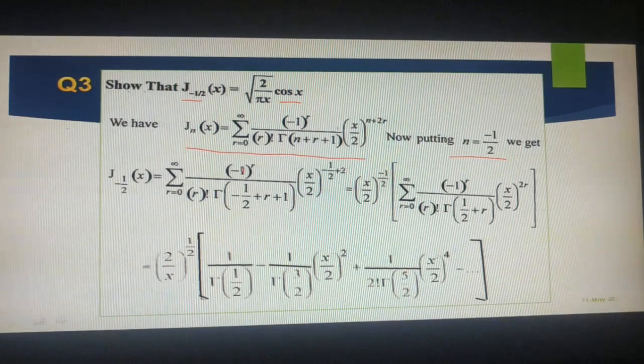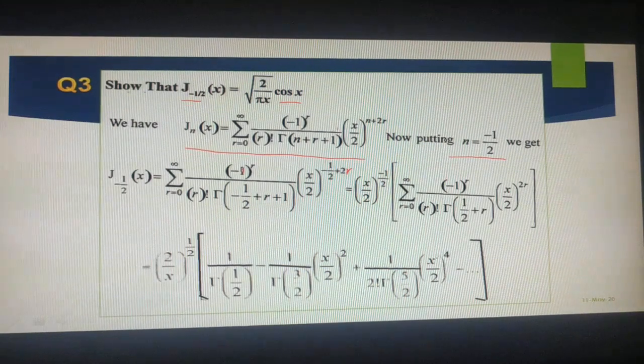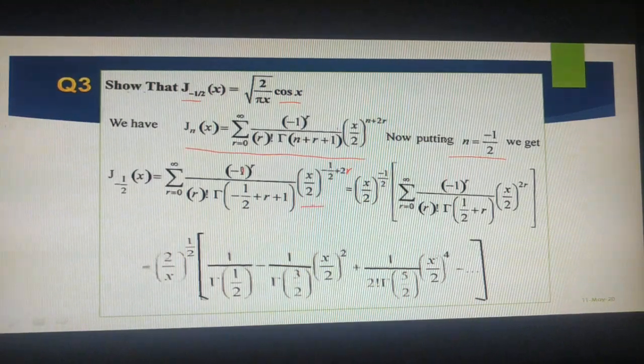R is missing, sorry, so plus 2r, right? Now I can take this term outside as usual, and the remaining I am going to write as it is.